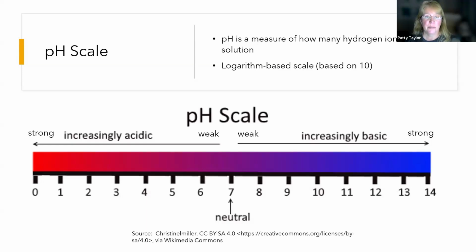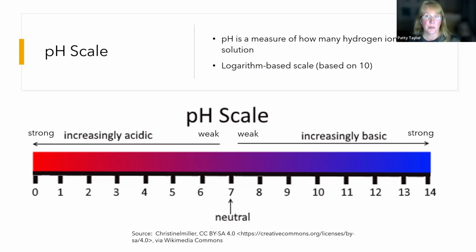So the extreme ends here are where the strongest acids and bases are situated. As you move toward 0, you're dealing with the strongest acids, or toward 14, you're dealing with the strongest bases. So let's take an example. Let's pick on the number 3. A pH of 3 is going to release more hydrogen ions than hydroxide ions.